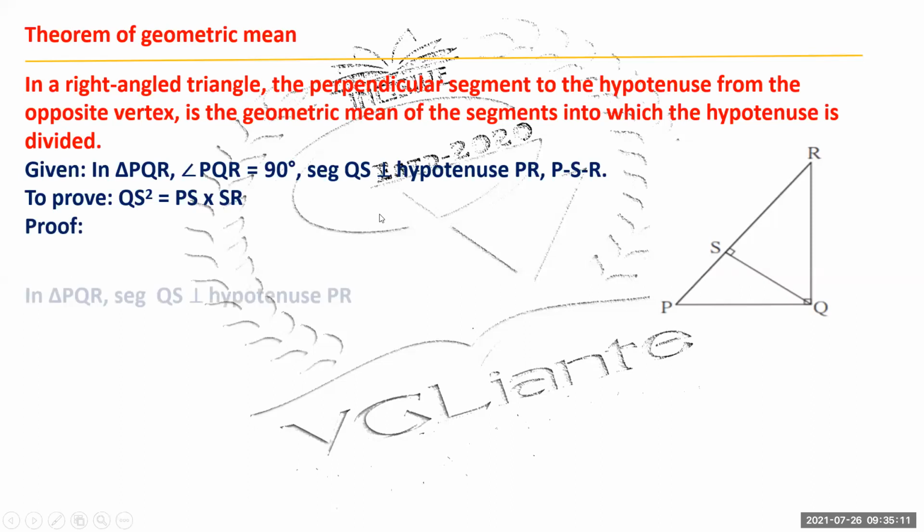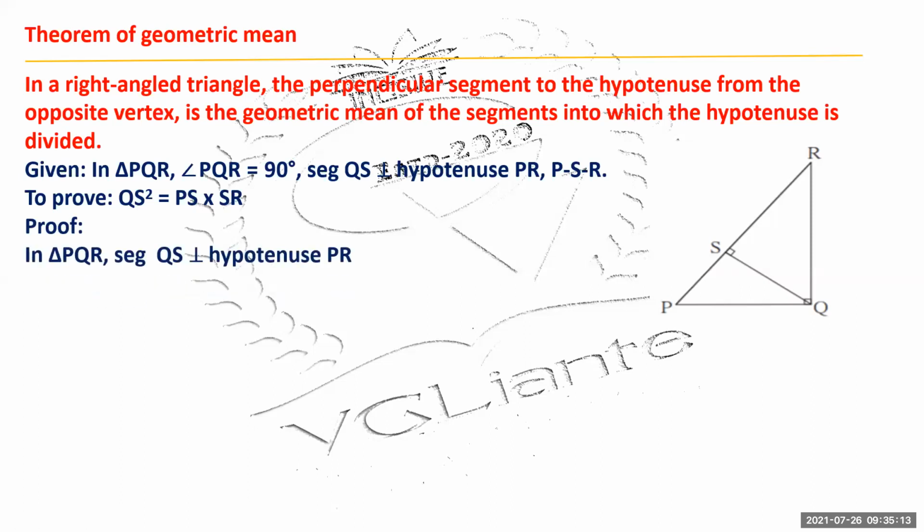Proof: in triangle PQR, segment QS is perpendicular to hypotenuse PR. So triangle QSR is similar to triangle PSQ. This is the property of similarity of right angled triangles.